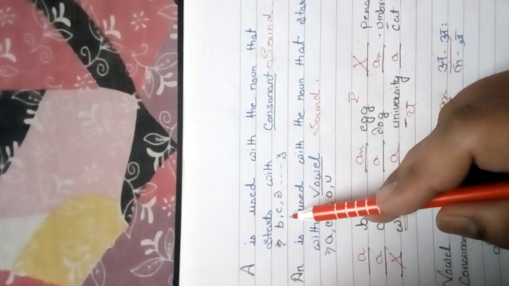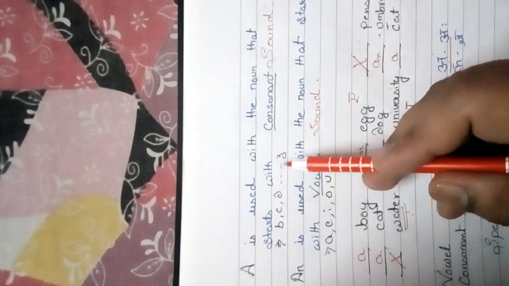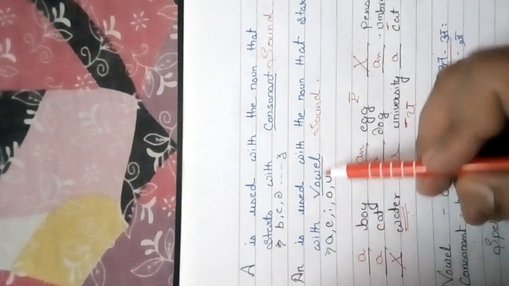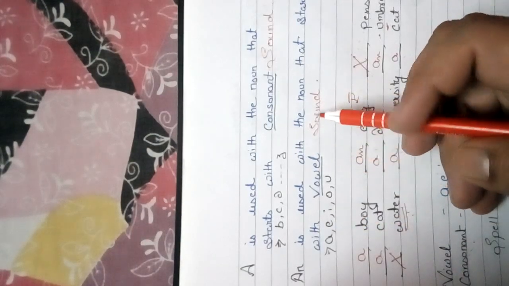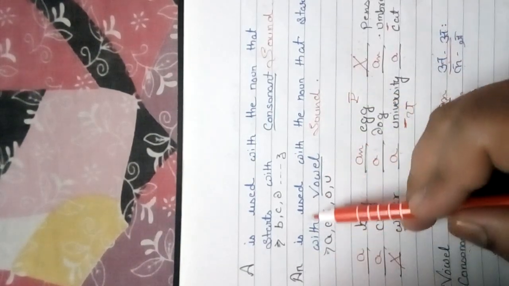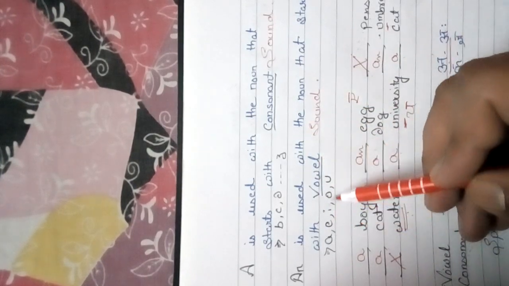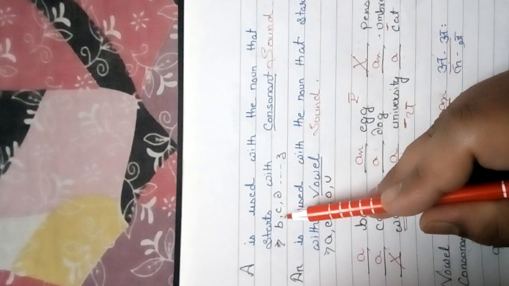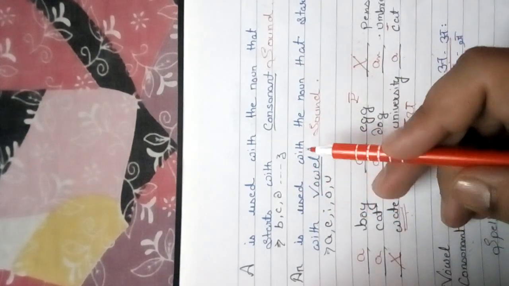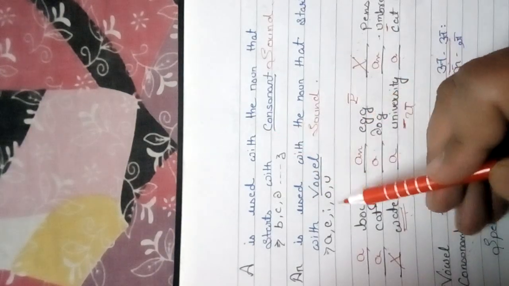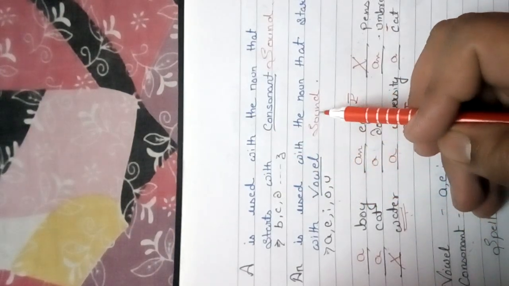Consonant sound means like B, C, D till Z. An is used with a noun that starts with a vowel sound, not vowel. Many students say that an is used with a noun that starts with a vowel. We don't have to see only A, E, I, O, U. We don't have to see only B, C, D or Z. We have to see whether it starts with a consonant sound or not, whether it starts with a vowel sound or not.